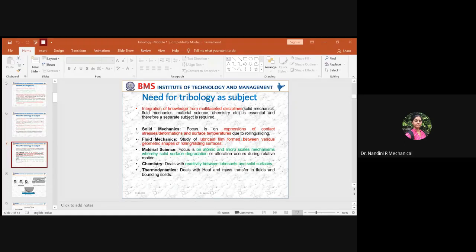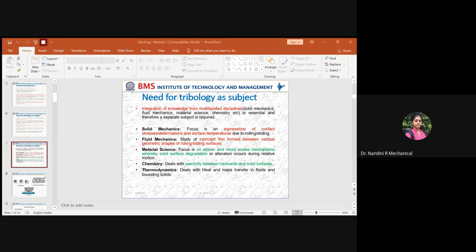All these subjects club together to solve a single problem in tribology, and hence tribology is called an interdisciplinary area. So this is the need. I have just given an example for solid mechanics, which helps in deriving the expressions of the contacting surfaces related to any deformation.